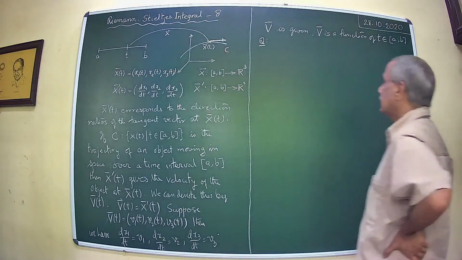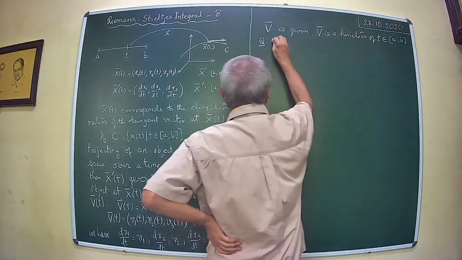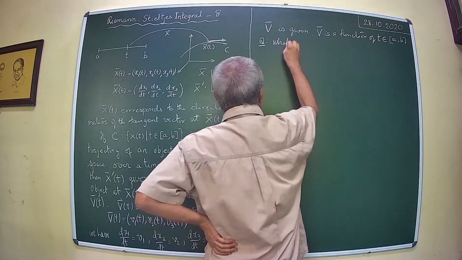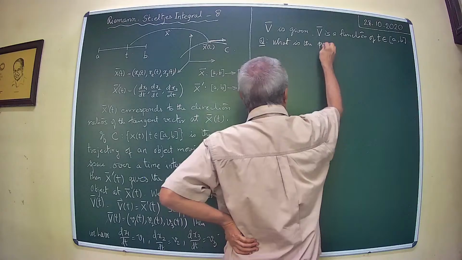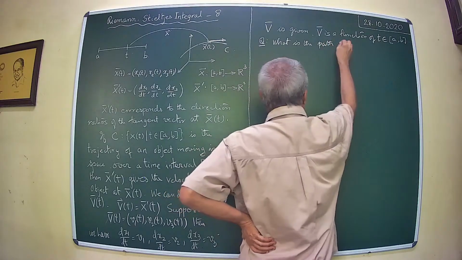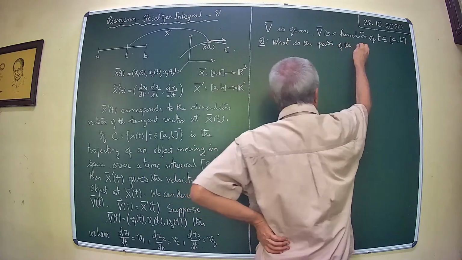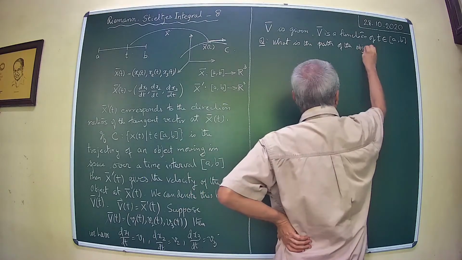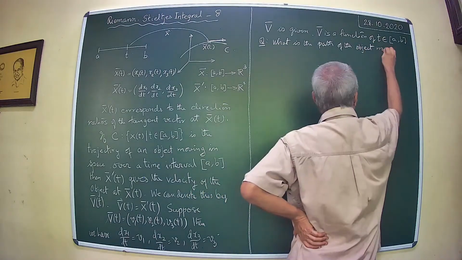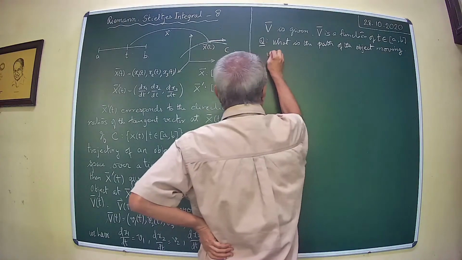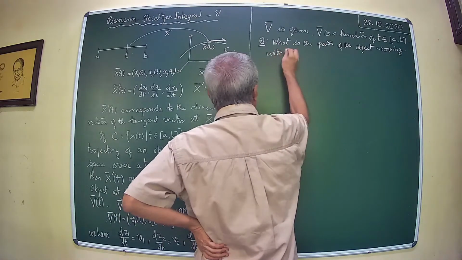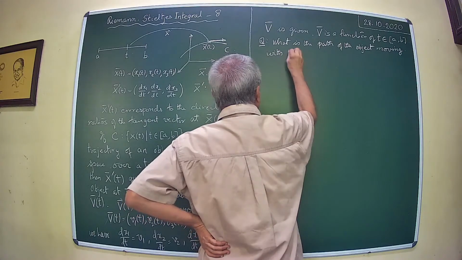The question is, what is the path of the object moving with the velocity v?